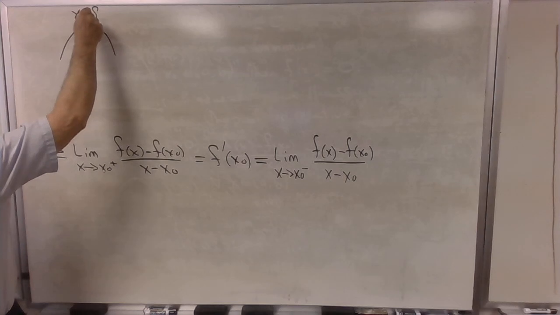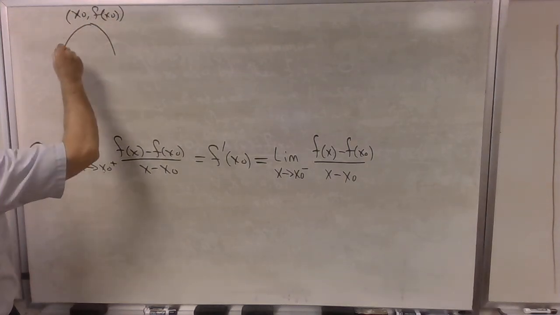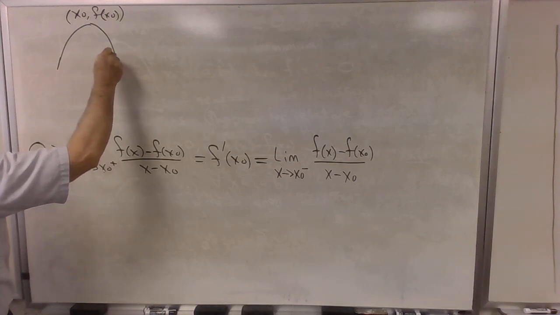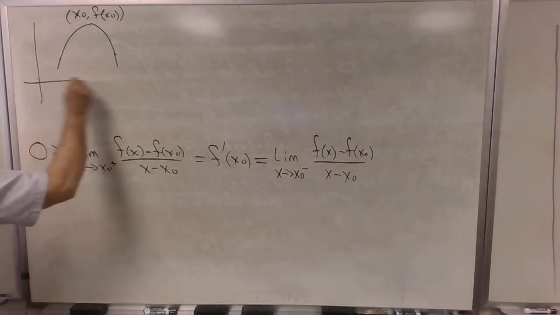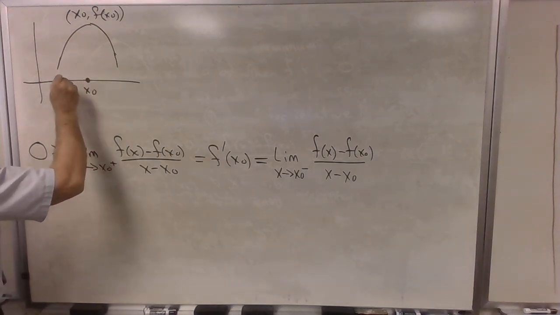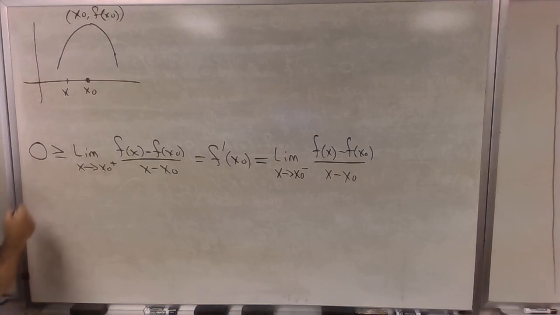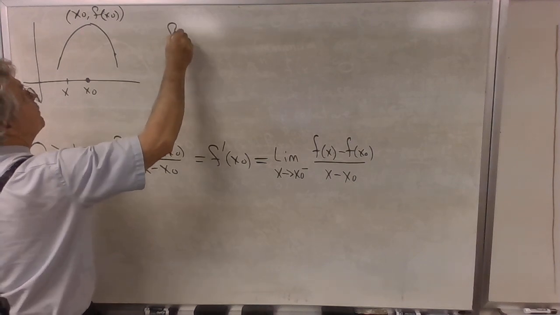Here's x naught, f of x naught. And let's say here's x naught. Here's x to the left of x naught. And remember how this went.